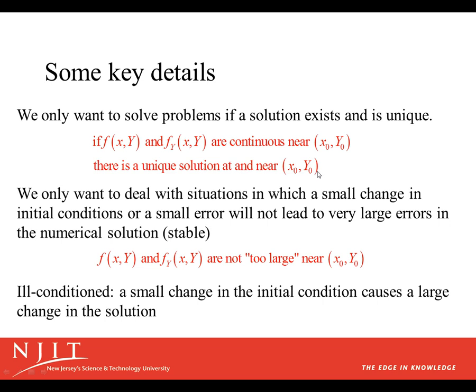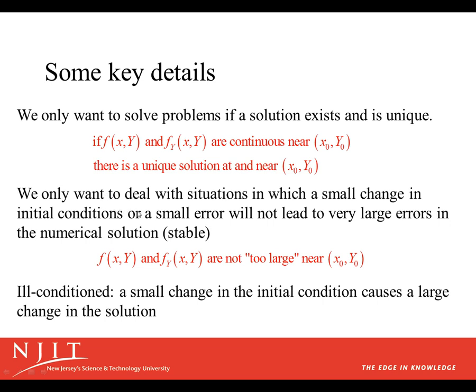So that's an important aspect: if your function f of x and y is defined and is nice in some way, so that you could take the partial derivative of f with respect to y at the initial point, then there will be a unique solution at least nearby, for nearby values of x.